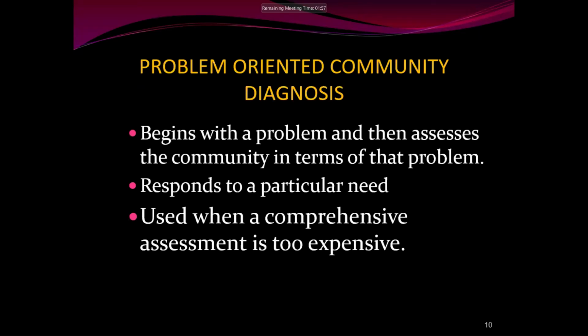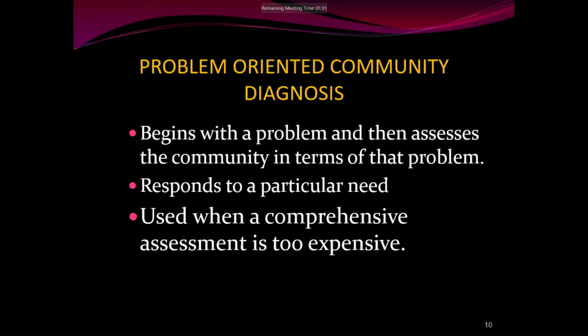And we have to use problem-oriented community analysis when the comprehensive assessment is too expensive. Okay? We already discussed that. If comprehensive assessment is expensive, then we have to focus on problem-oriented community analysis.